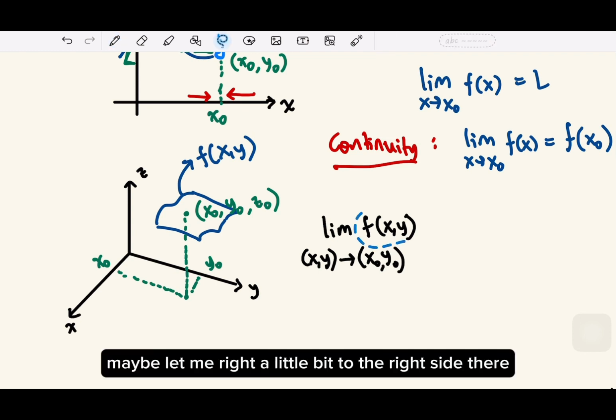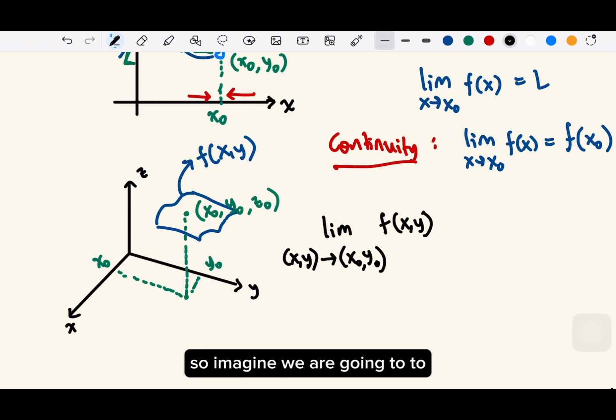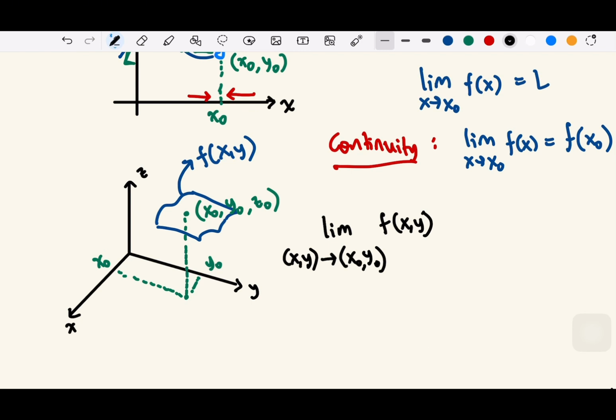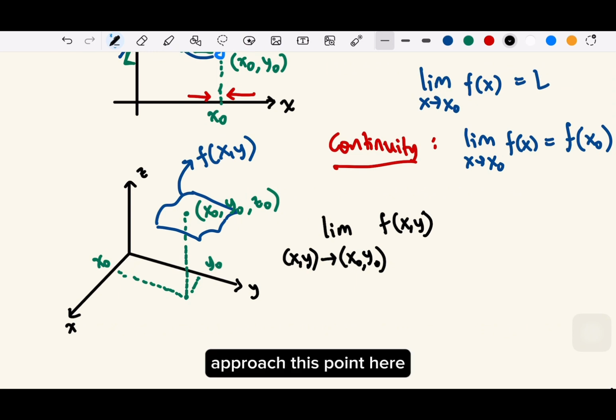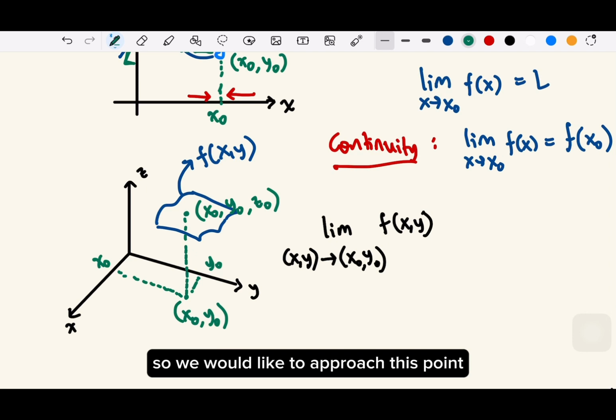Maybe let me write a little bit to the right side. So imagine we are going to approach this point here. We would like to approach this point.